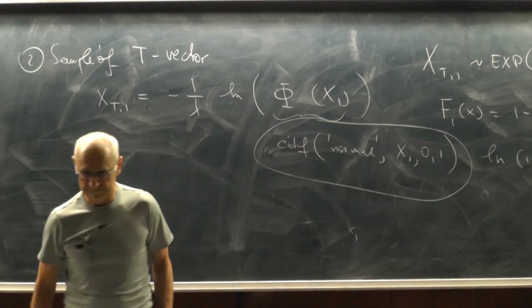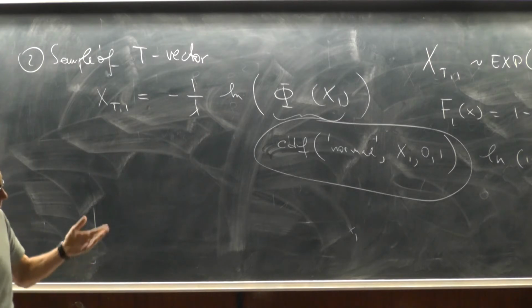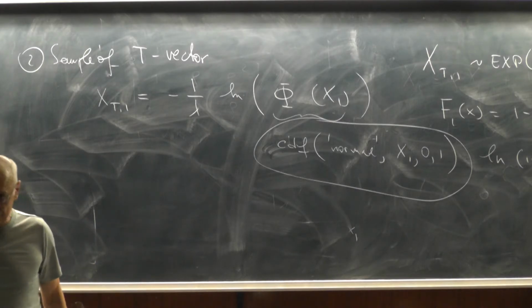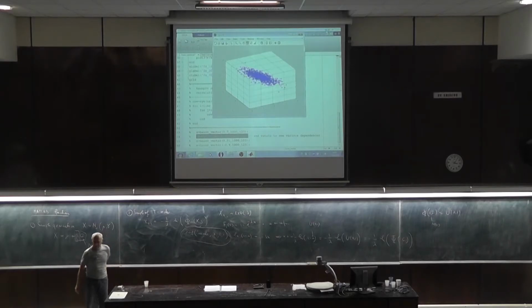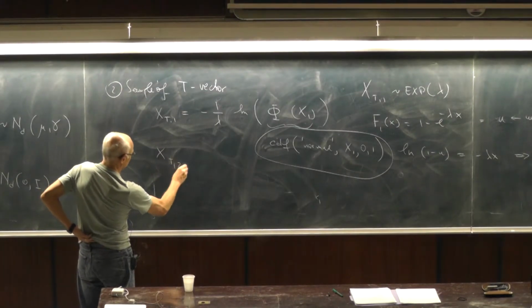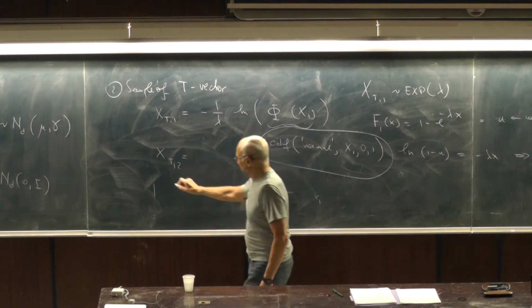That does it. And of course, you have to do it for as many samples as you have produced. So this is the first coordinate. For the second coordinate, again, you have to choose a distribution and continue this way.